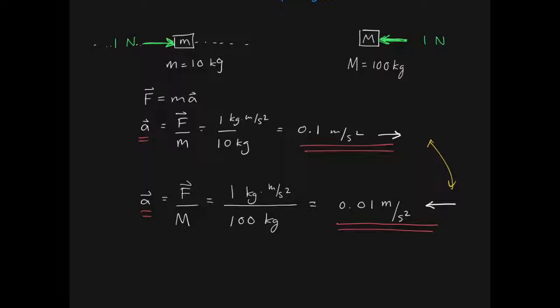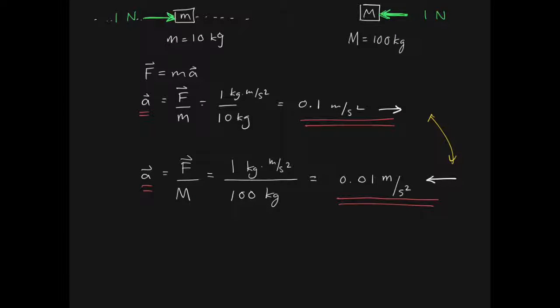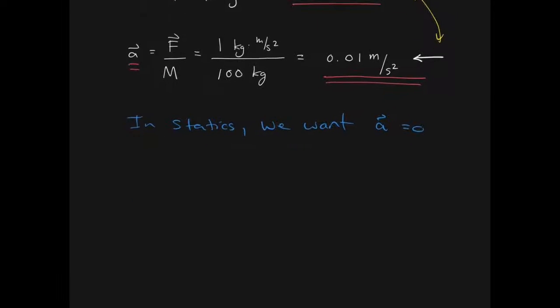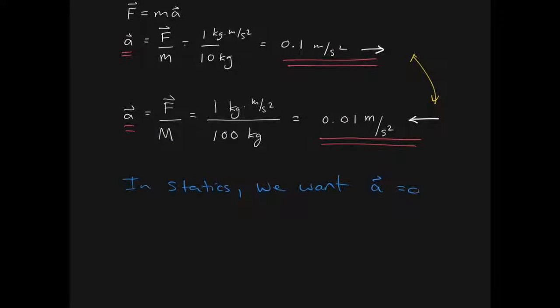But since we're talking about statics today, I want to wrap up this discussion of vectors with the key point to statics: in statics, we want the acceleration to be 0. We don't want things to move. I want to build a bridge or a building, and I want everything to balance out. That is, I want all of the forces to balance.